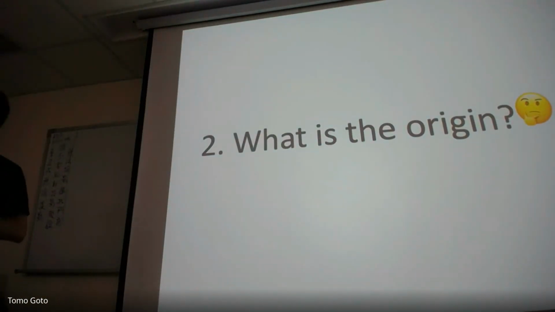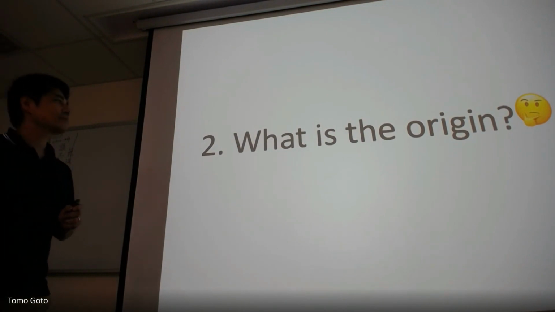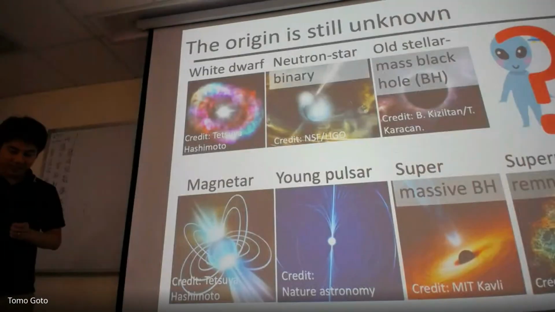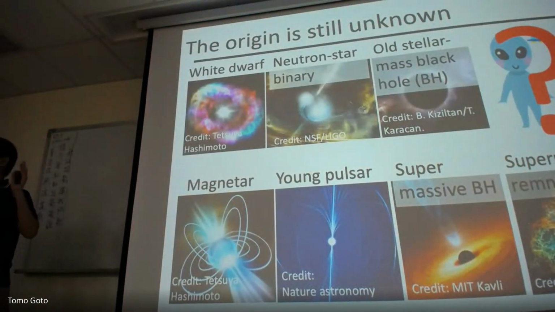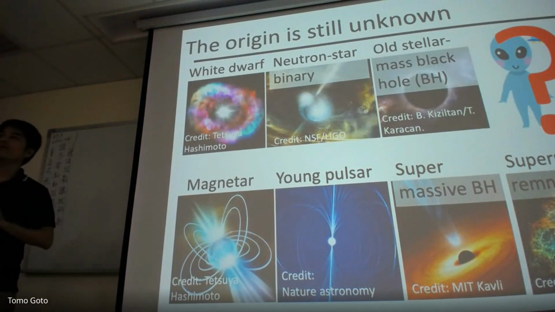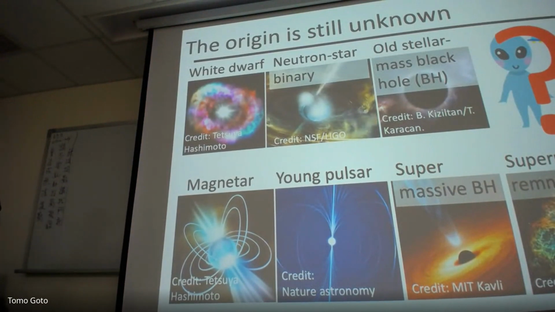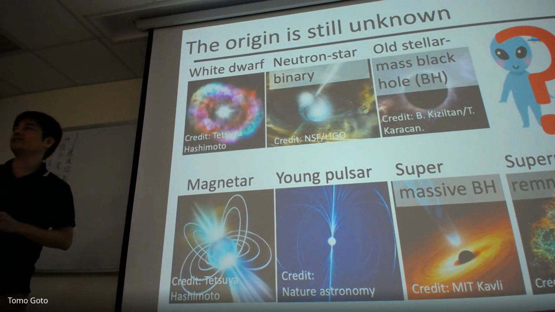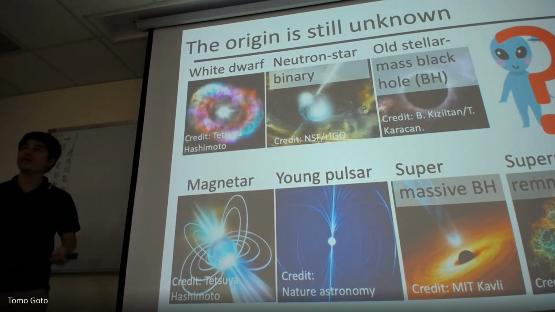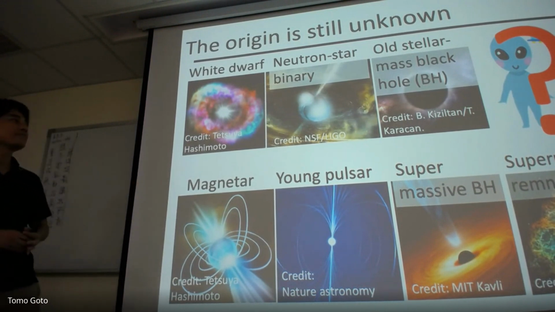And the question is, what is this? The point is, the origin of this mysterious fireworks is still unknown. That's why astronomers are struggling to find the origin of this fast radio burst.